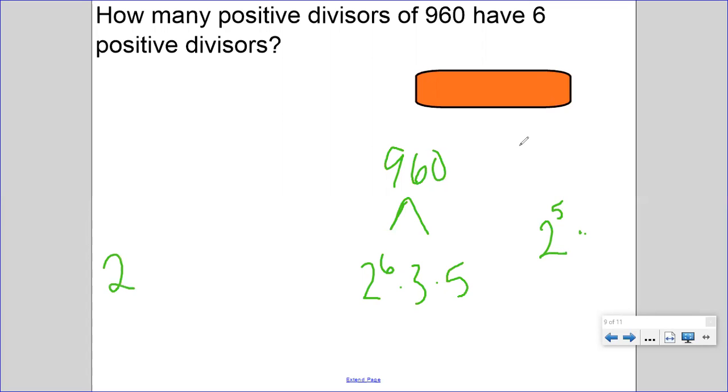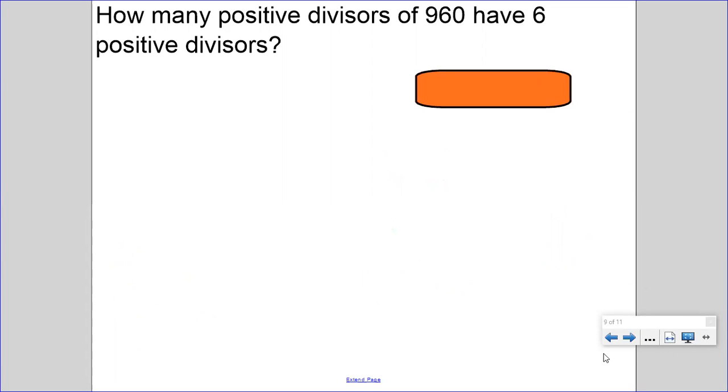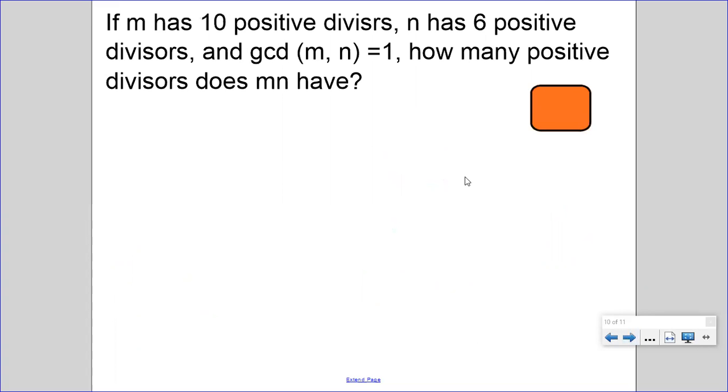Or we could have it as 2 to the second and 3 to the first, or 2 to the second and 5 to the first. And either way, that'll get us 6. Nice. So we only have these 3 as our options. Not too shabby, gang.